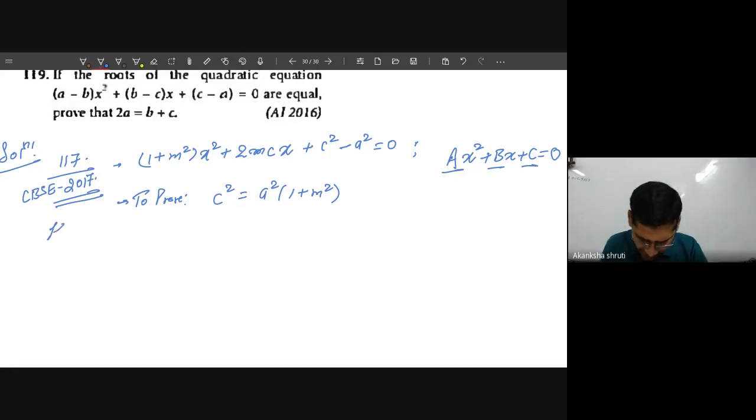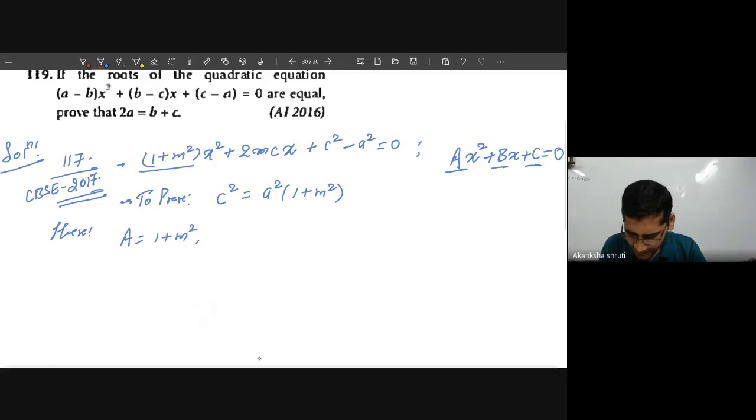So right here, capital A is the coefficient of x square, 1 plus m square. Capital B is the coefficient of x, it is 2mc, and capital C is in terms of small c, c square minus a square. मैं यदि इसे स्मॉल abc लिखता तो अपने को कंफ्यूजन हो सकता था.